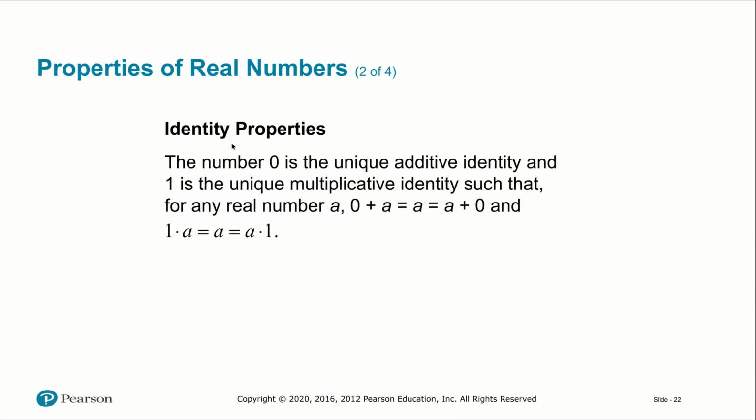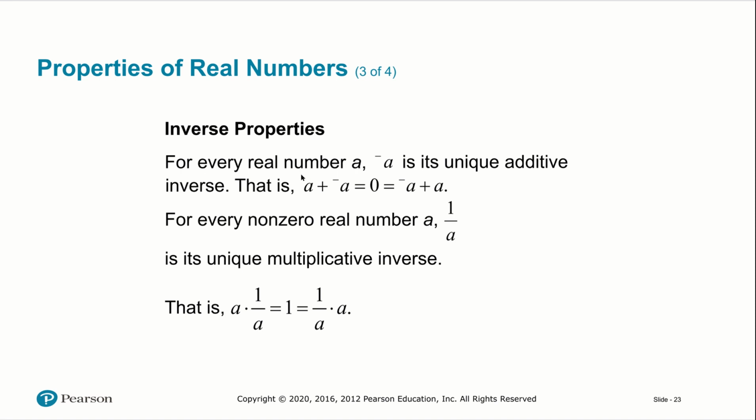We also have the identity properties. For addition, 0 is the additive identity, and when added to any real number, it's just going to give you the real number itself. And as far as the multiplicative identity, that's 1, because if you multiply it by any real number, you get the real number itself, whether you multiply on the left or right. We also have the familiar inverse properties for addition.